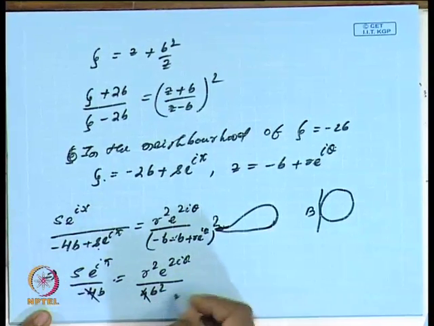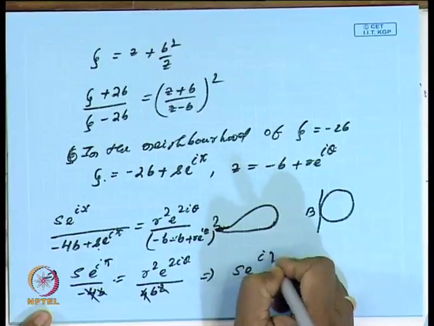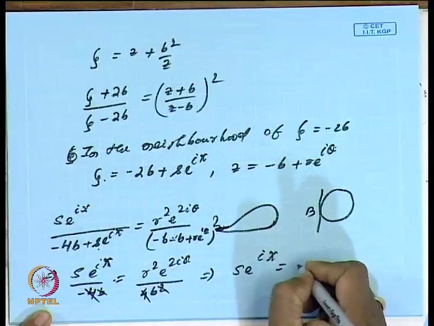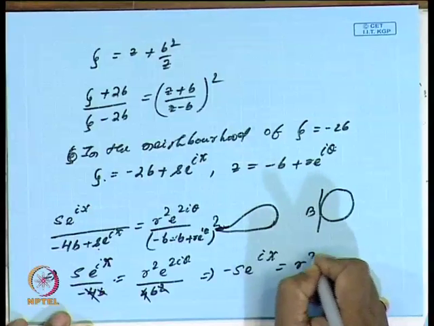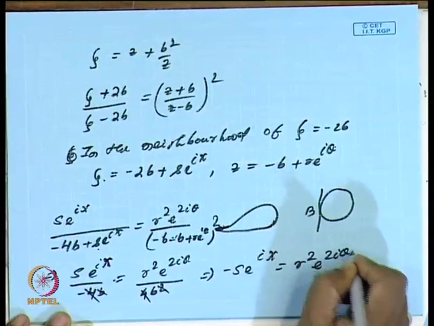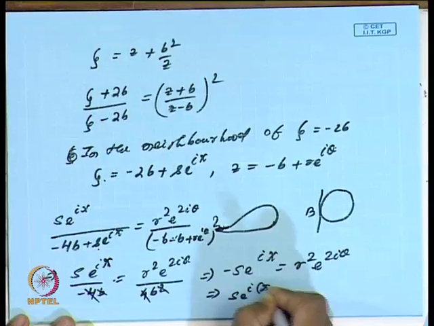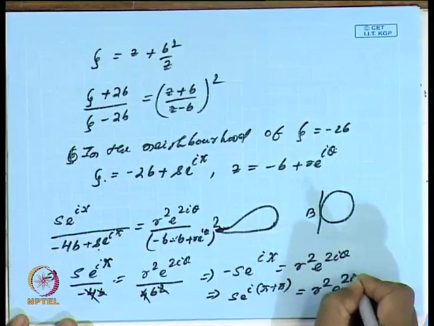So 4 gets cancelled, b gets cancelled, which implies minus s e to the power i chi is equal to r square e to the power 2i theta, which I can also write as s e to the power i times chi plus pi is equal to r square e to the power 2i theta.